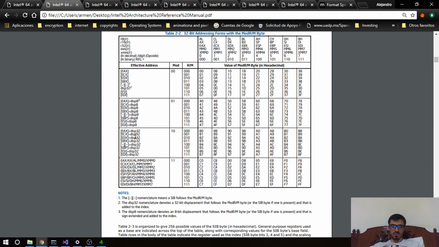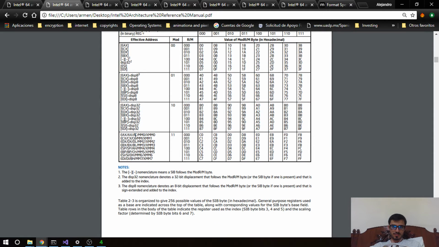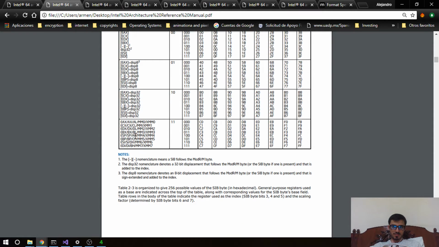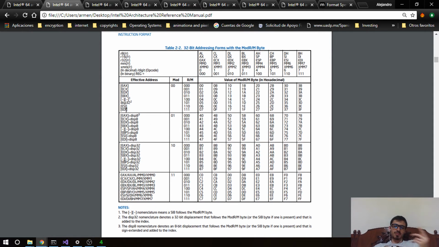And it's added to the index because this is the index. We have either a scale index, or a base plus index, or just the index, and then we have a displacement, which is pretty much how the ModR/M works.